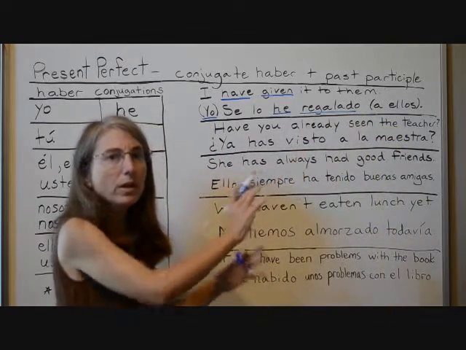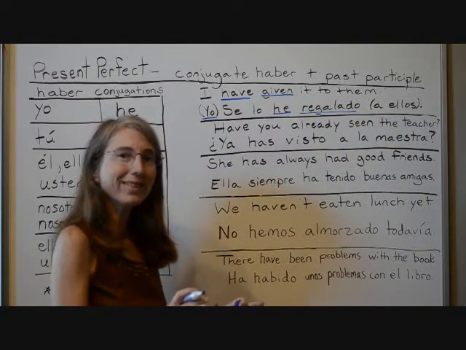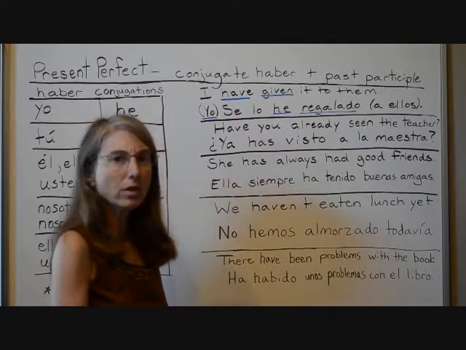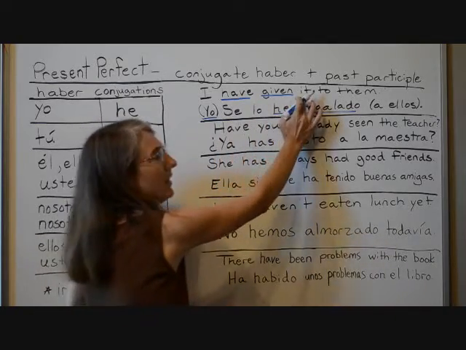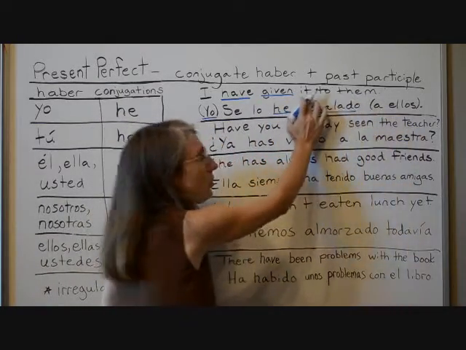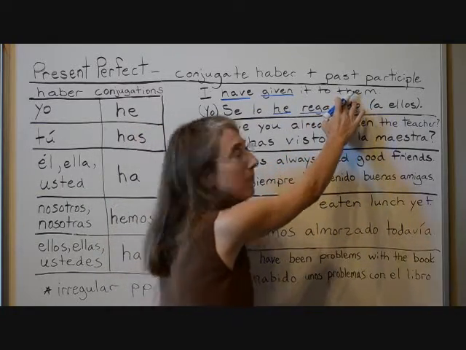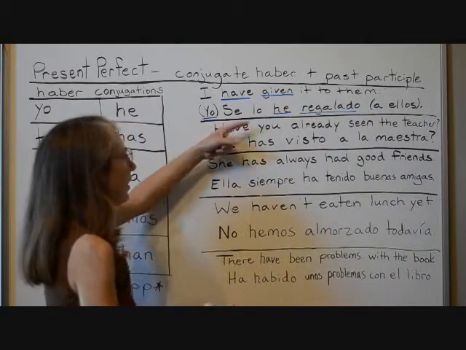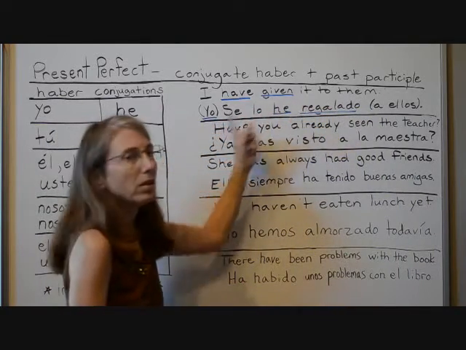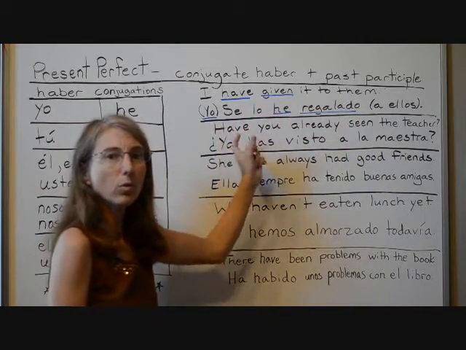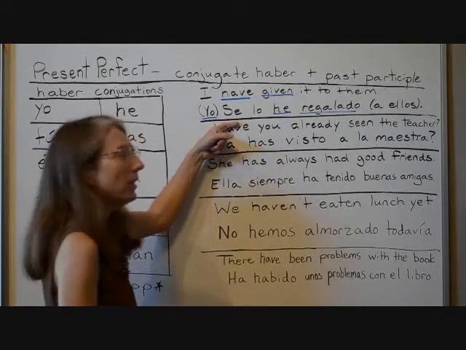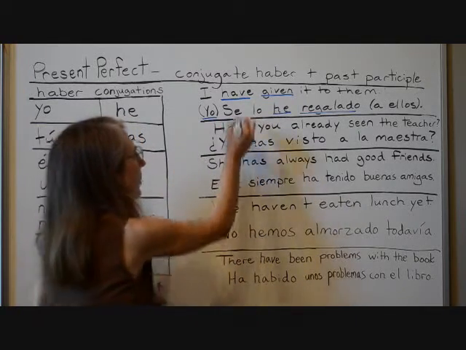Yo he regalado. Now in this sentence we also have indirect and direct object pronouns. I have given it to them. Direct object is it. Indirect object is to them. In Spanish, these have to come before this whole verb phrase. Se lo. They're your pronouns.